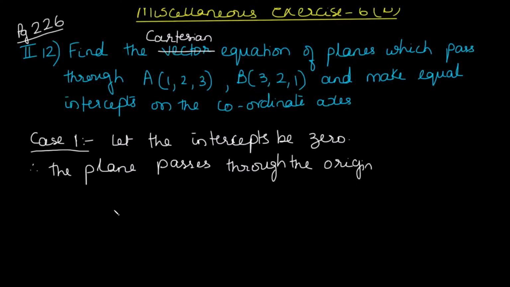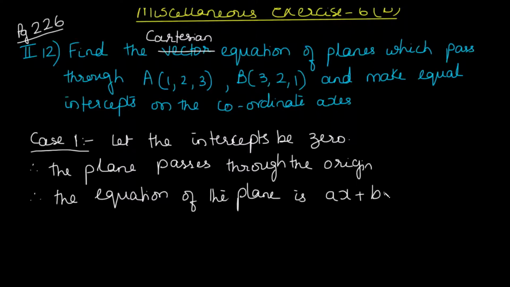And also the Cartesian equation of the plane in that case. Therefore, the equation of the plane is given by ax plus by plus cz is equal to 0.